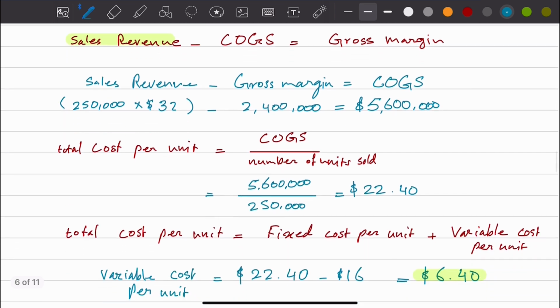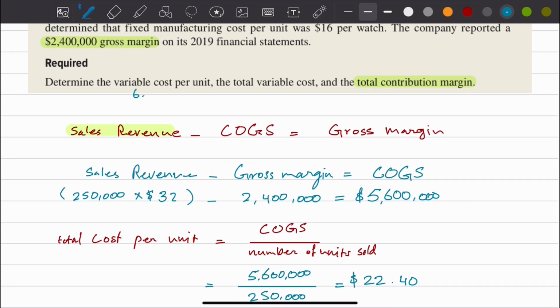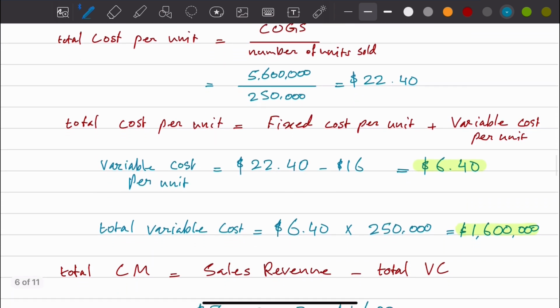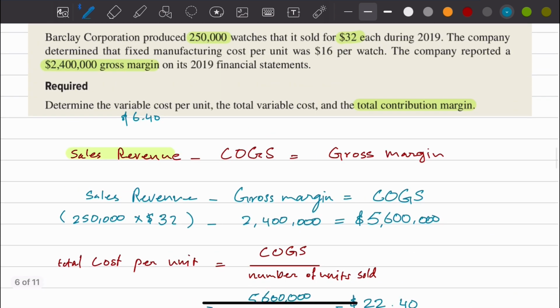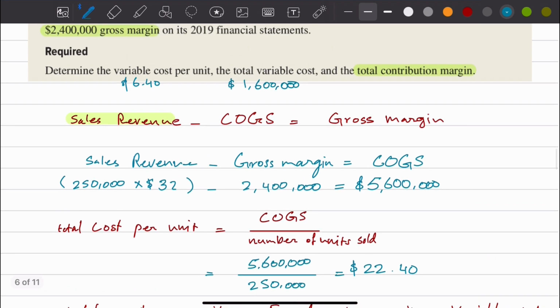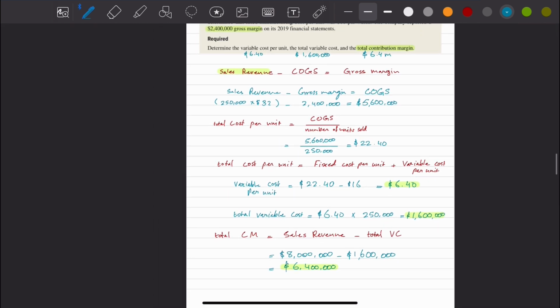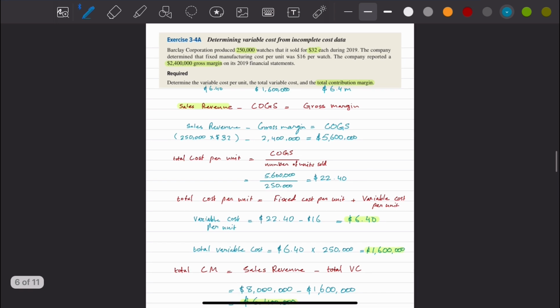So the variable cost per unit is $6.40, and the total variable cost was 1,600,000, and the total contribution margin was 6,400,000, so 6.4 million. Okay? This is how you can solve exercise 3-4A.